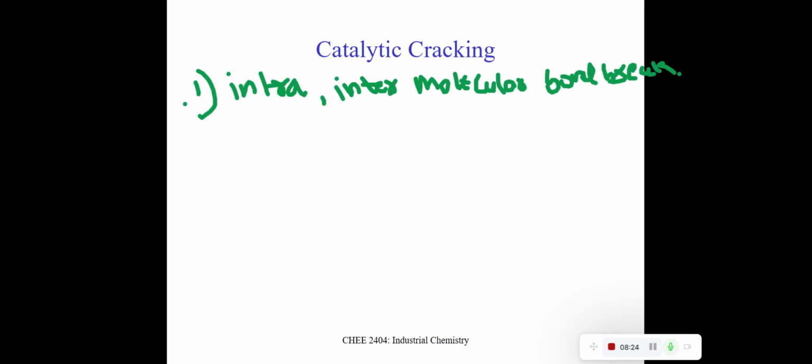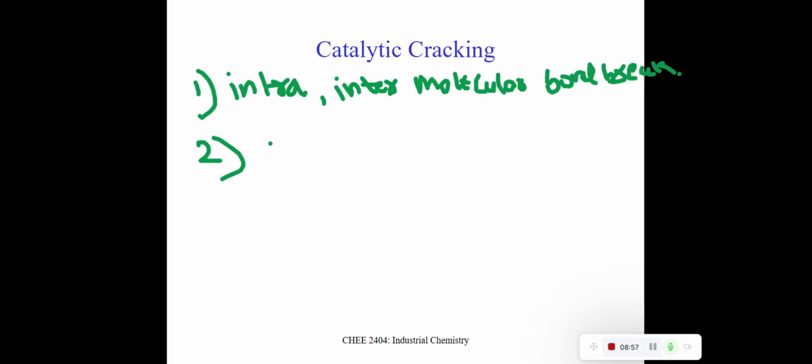The next is coke formation in catalytic cracking. The main purpose is to produce high value products, and in doing so we get coke production by the cracking reaction.